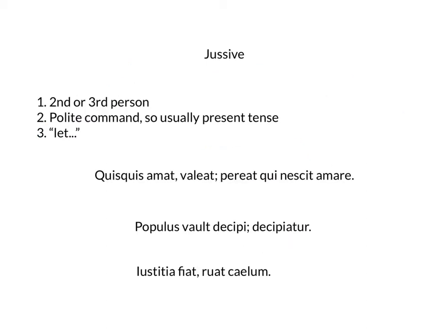The second one is the jussive subjunctive. The jussive gets its name from the verb iubeo in Latin, and hopefully you know that verb from second quarter when we do indirect statements. But you'll remember the last principal part is, of course, iussus.